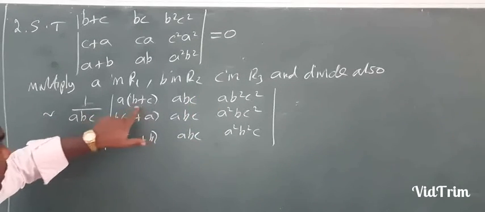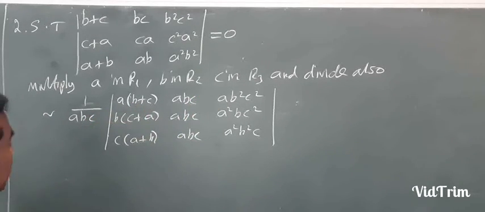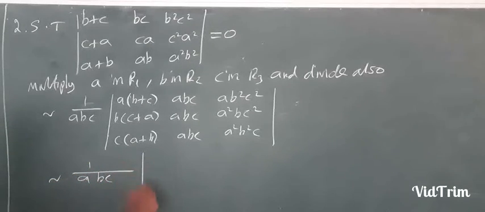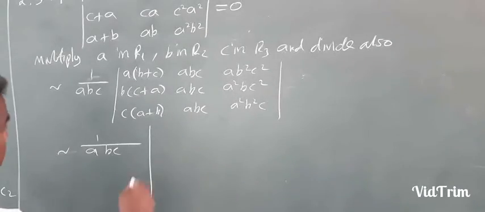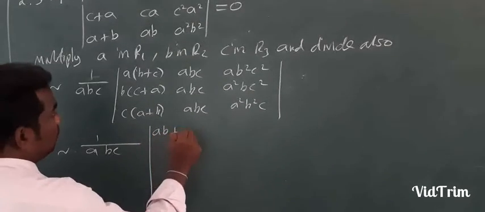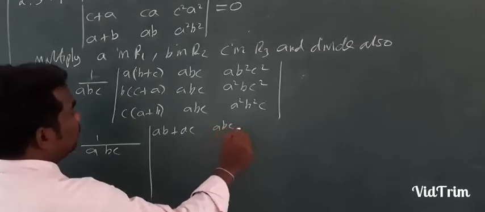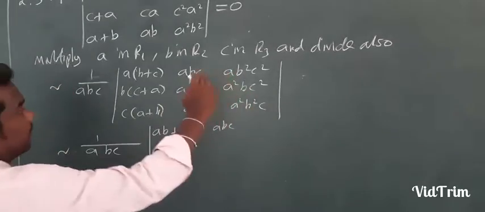Here you multiply ab into c. It will become ab plus bc, ab plus ac, and abc. And before that, here abc are common.